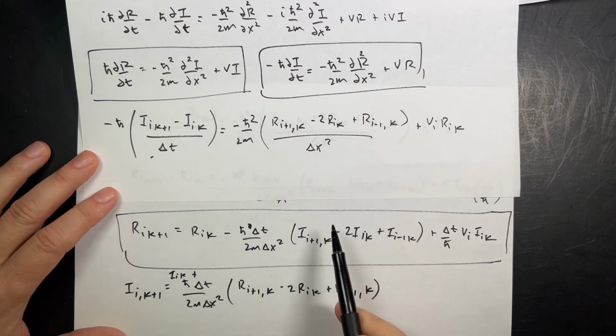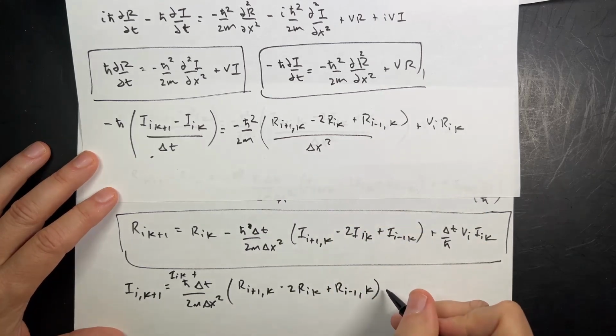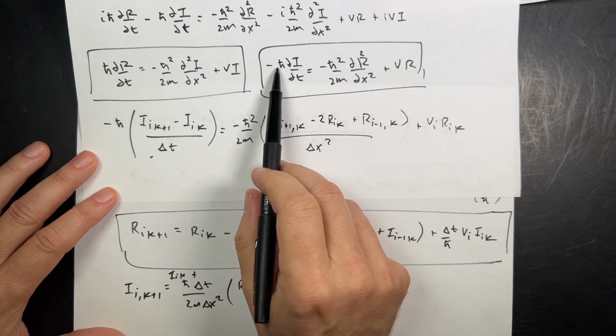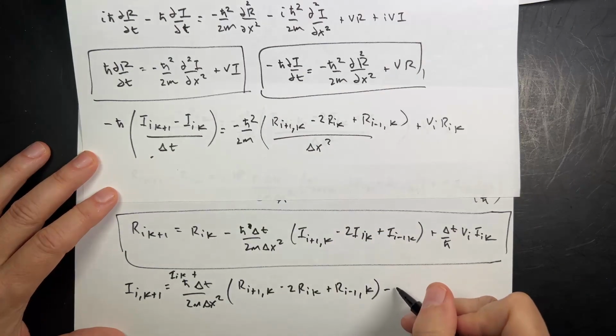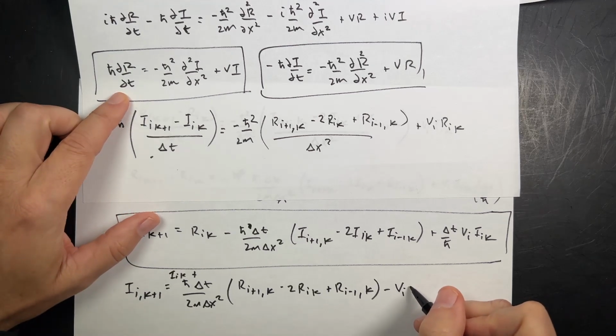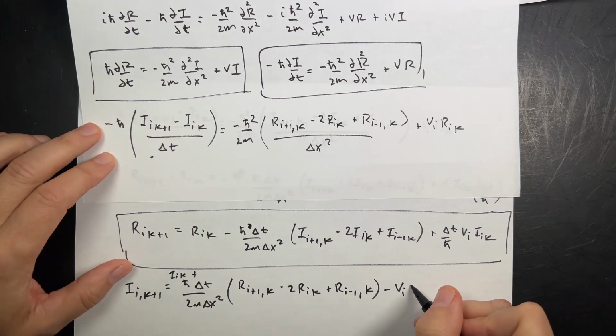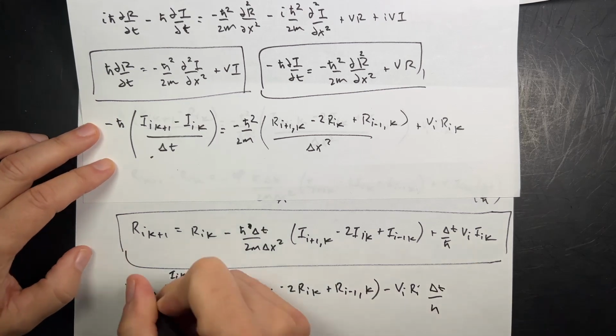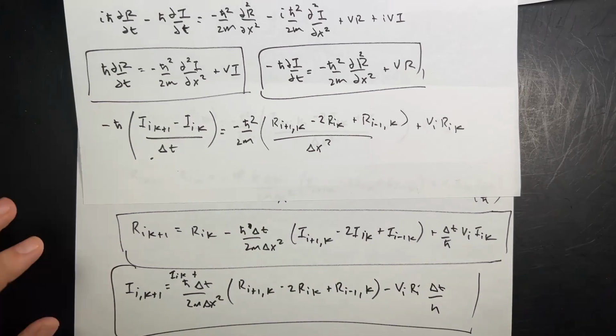And then I have this term, but I'm dividing by a negative h bar, so it's going to be minus v_i r_i delta t over h bar. That's what I want.